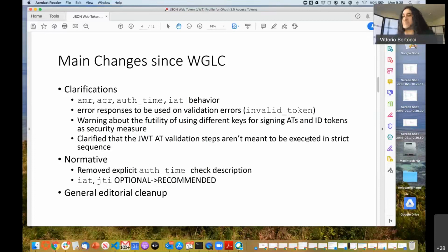And so by eliminating that entry, we killed 2 birds with 1 stone. We no longer have a confusing step, which over-indexes on the auth time versus other authorization information. And we don't have the problem of defining that mechanism. I think we should, as a working group, define that mechanism, but this spec is not the right place.